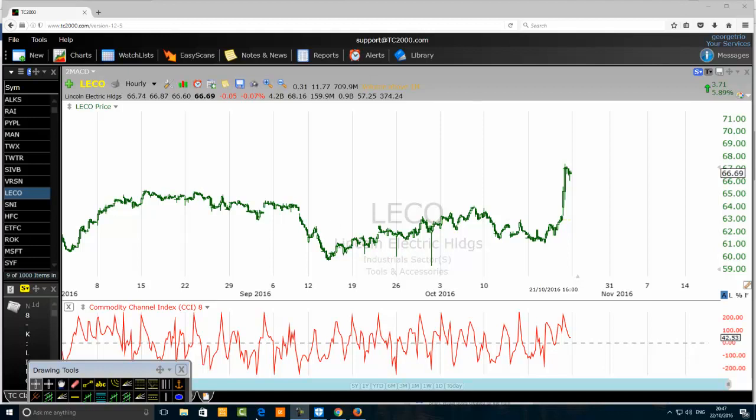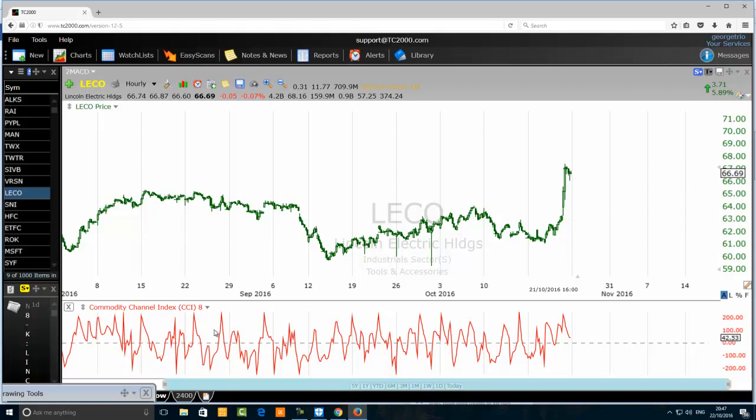The setting that we are talking about is CCI period 8. The role of the CCI period 8 is to measure the deviation of the price in relation to the moving average 8. So when you are using the CCI period 8, it is like using the Bollinger Band period 8, volatility 2.